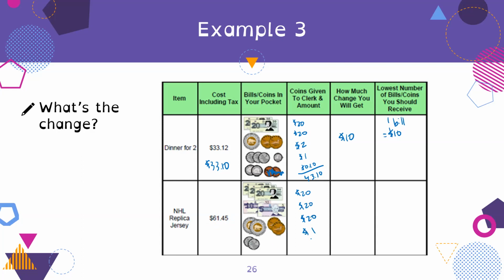And then we have 2 quarters. So we have to use them both to get over 45 cents. So we get a total of $61.50 that we paid. So the change that we need to get back is 5 cents. Sorry, I wrote that backwards. 5 cents. So we should get 1 coin back.